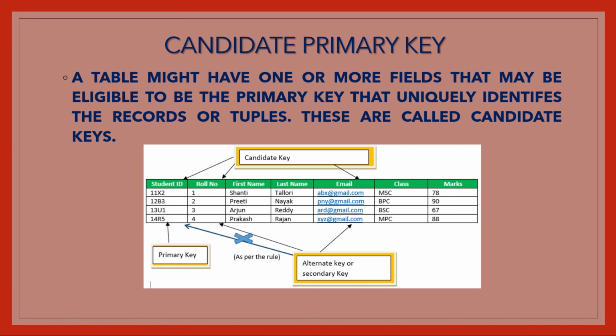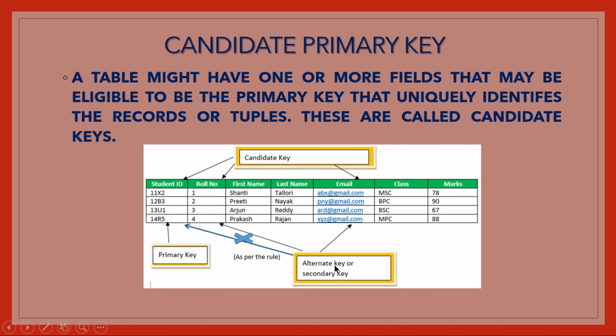Once more, here student ID, roll number and email are eligible to be the primary key, that's why they come under candidate key. Among these three candidate keys, we have made student ID the primary key. The other two keys we have not considered as primary key, so they will remain in the table in the form of secondary or alternate key.